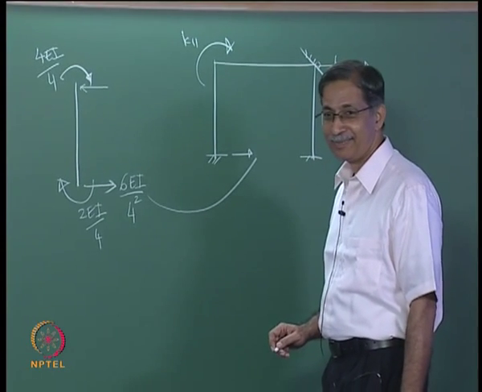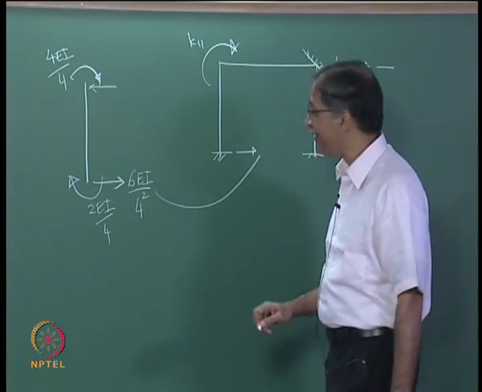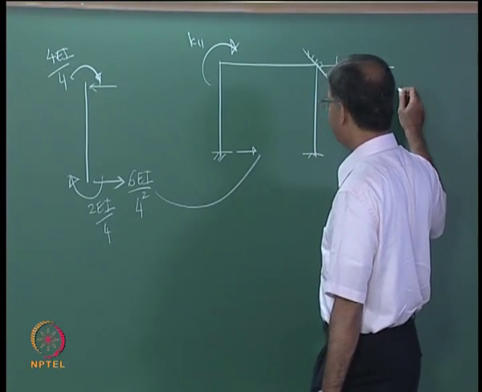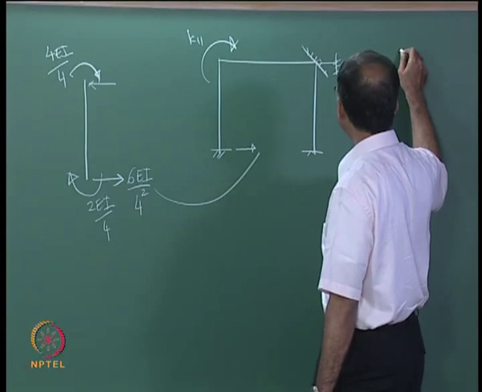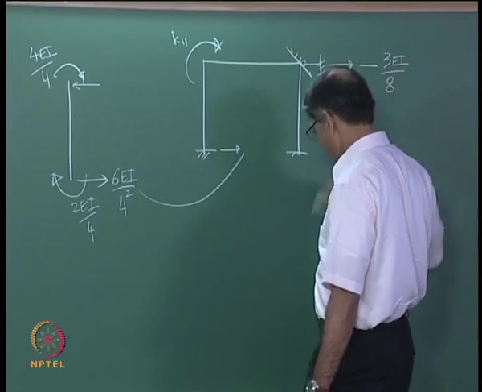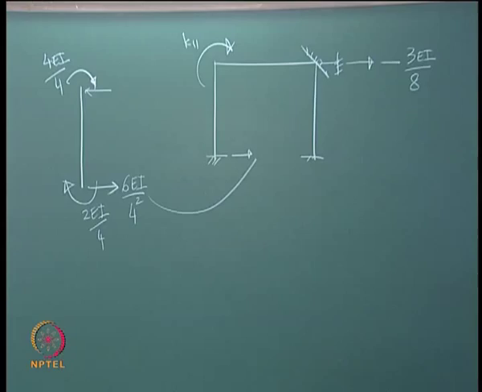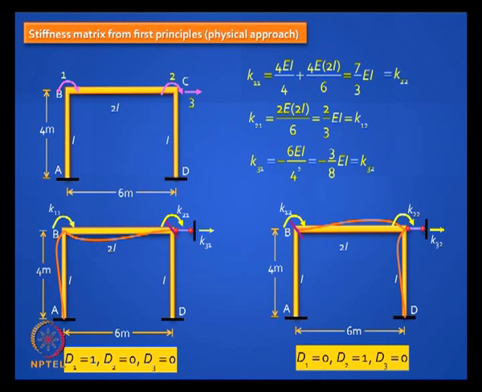Minus, because they should add up to 0. So minus 6EI by 16, which works out to 3EI by 8. That's it. This is the physical approach. Now it's easy. And this will be equal to K32 in the second figure. So we've got the first two columns very easily.